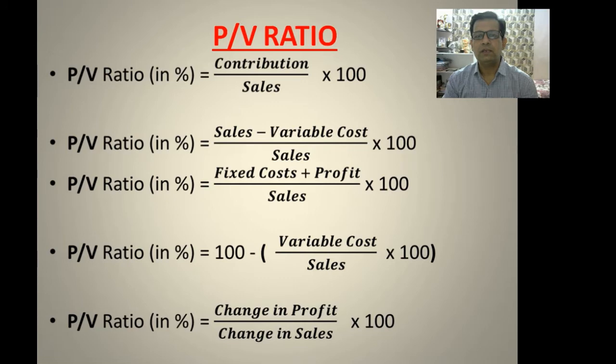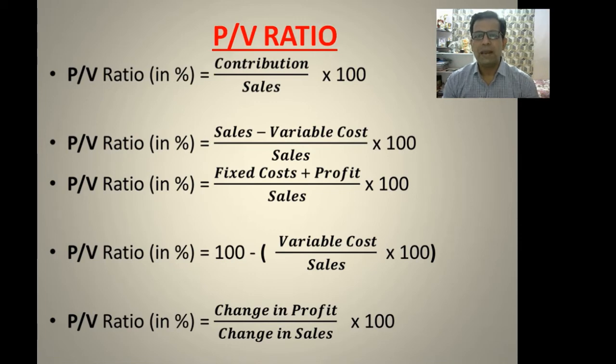The next part is the calculation of PV ratio. This is how it is very commonly known. However, the full form is profit volume ratio. With reference to this particular chapter, when I say profit, we basically understand it as contribution, and volume always talks about sales.